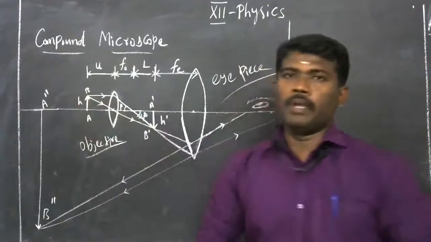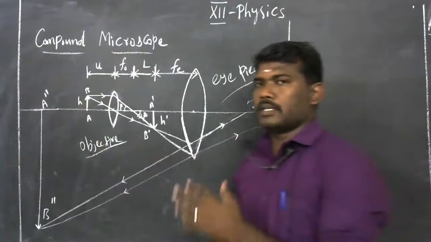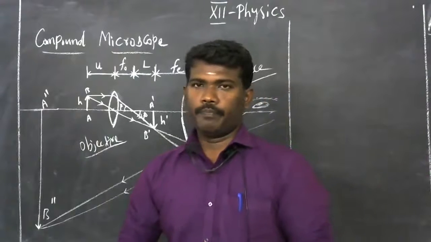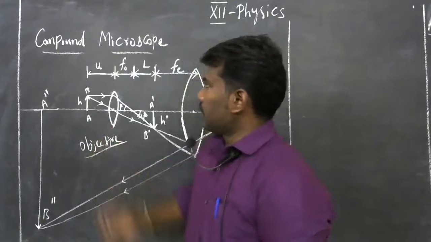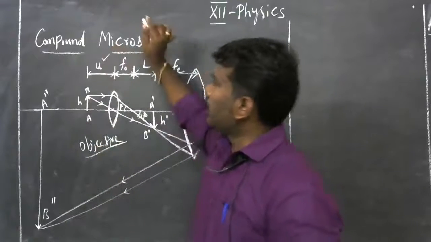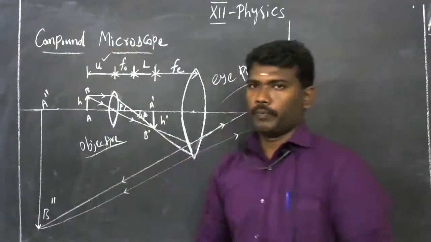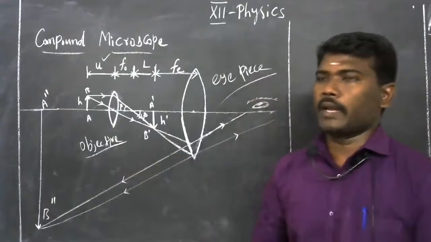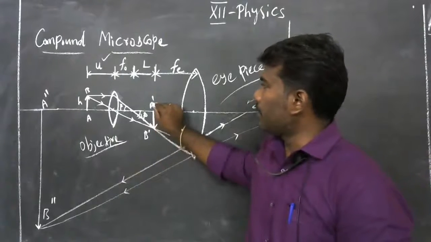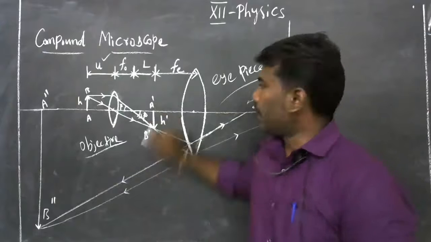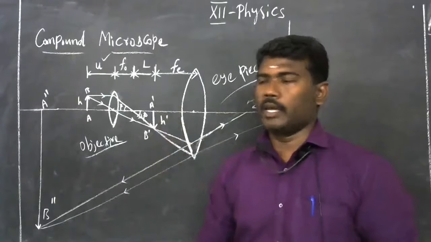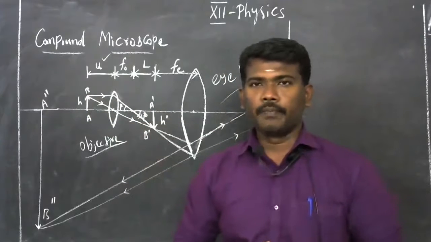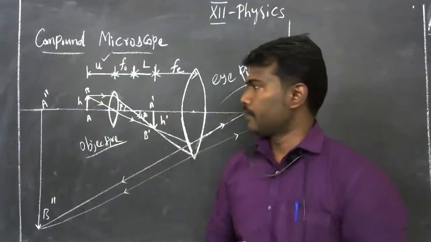Initially the object AB is placed at the principal focus, or in between F and P, so this distance is very small. The object distance is taken as U. This objective lens produces a real inverted magnified image, here A dash B dash. Compared with the height of the object, the height of the image is slightly greater, so H dash is greater than H.